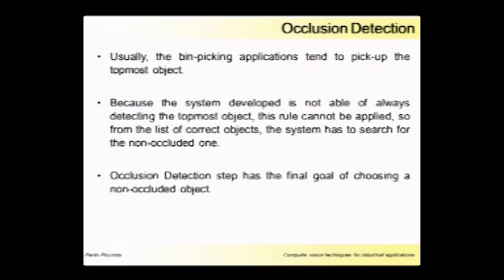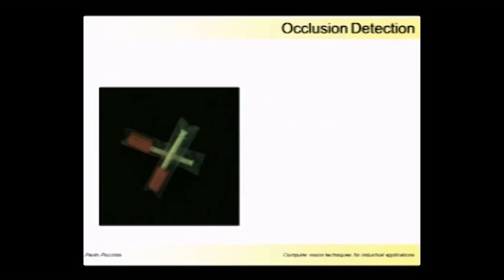Usually, each bin picking system tends to pick up the topmost object. Because this system is not always able to detect the topmost object, we choose to pick up the non-occluded one. And so we need a method to detect occlusion. To detect occlusion, first of all, we need two segmentations. And given these two segmentations, we need to understand which is the topmost and the lowest object.